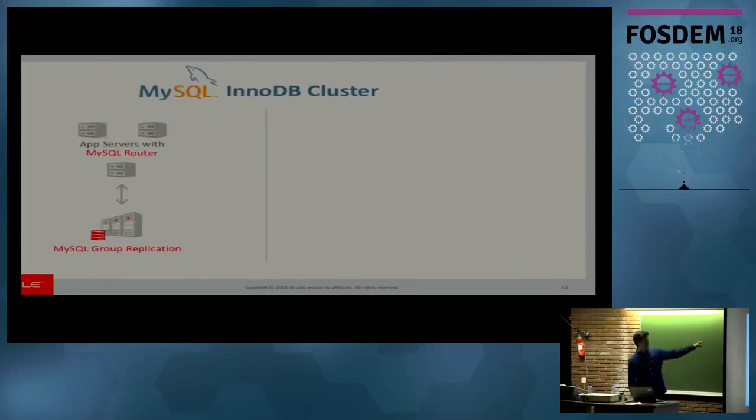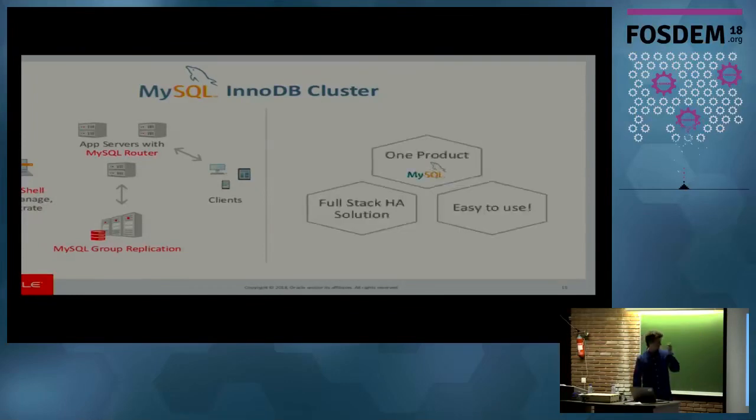It hides all the TCP ports of the servers behind one port for read-writes and another for read-only. And to set up and manage everything, you have the MySQL shell with the admin API. That is the API to do setup and configuration of InnoDB clusters. You have the clients and you have the full stack HA solution. So again, one product, MySQL, full stack HA solution, and easy to use.